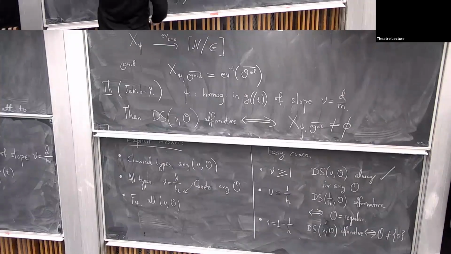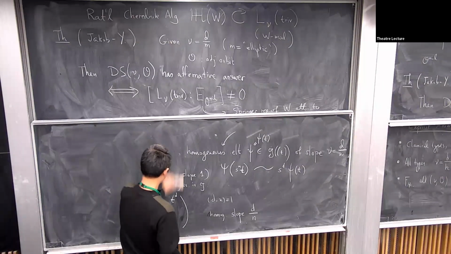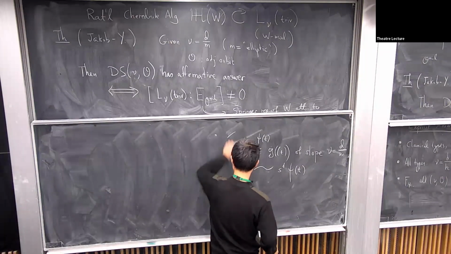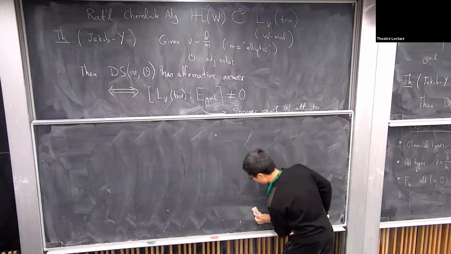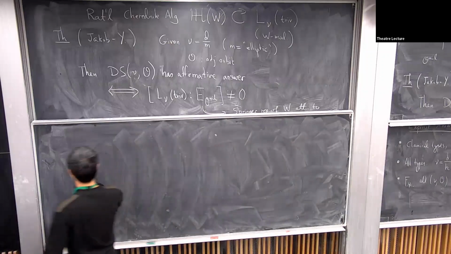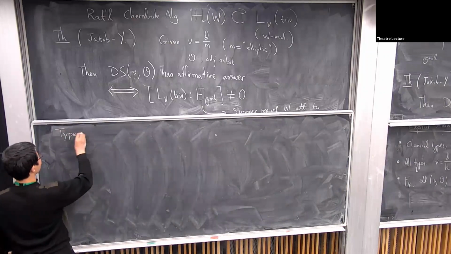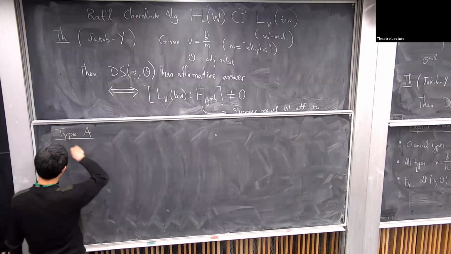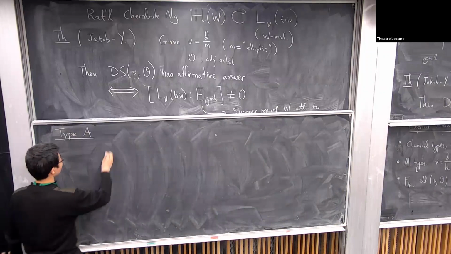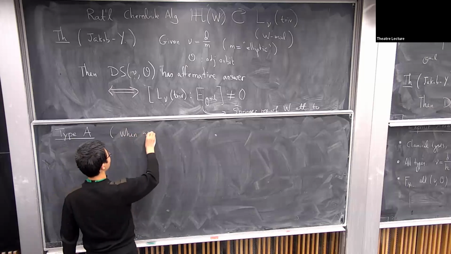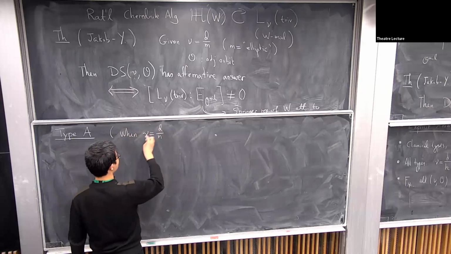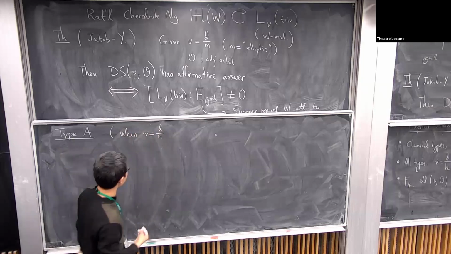So let me give a complete answer in type A. I should mention that when the slope is d over n, this is the type A elliptic case.